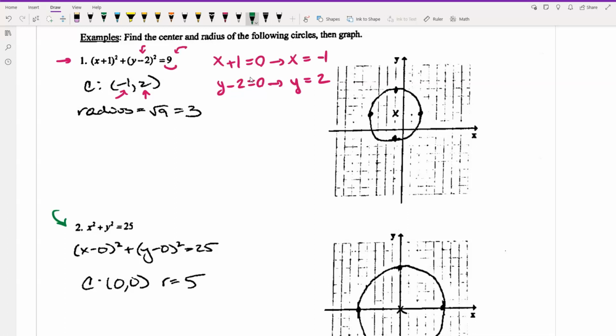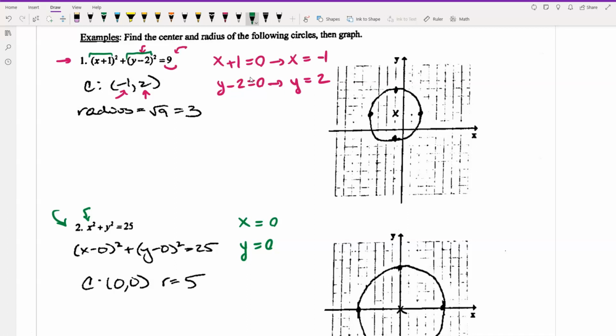And then here we have x² + y² = 25. So what we have here, before using the power, we only have x, and that is equal to 0, y equal to 0. So we did the same thing as what we had here. Before the power, we only had that part, x + 1, and here we had y − 2.